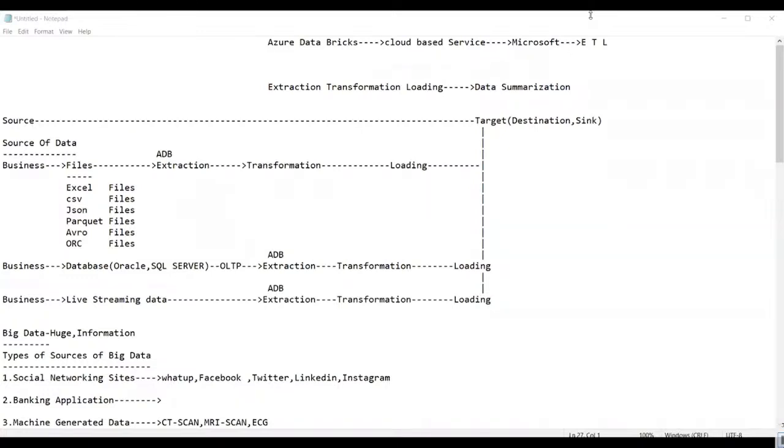To learn Databricks, do we need any predefined technical background? What are the prerequisites to learn Azure Databricks? The prerequisite is that if you know Python, or R, or SQL, that is very good.